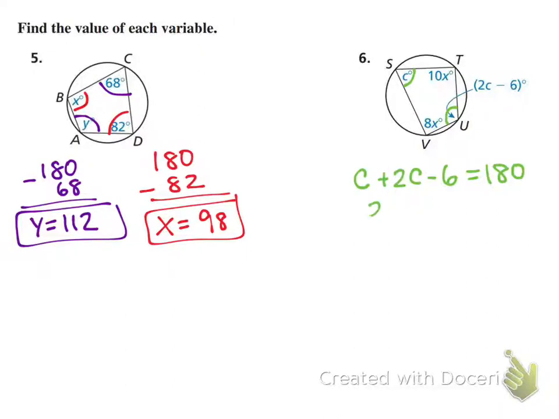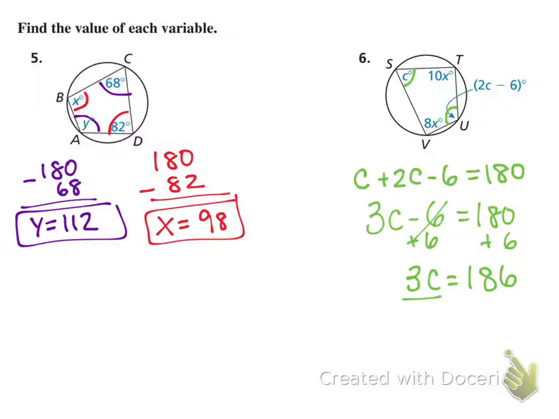C plus 2C is 3C minus 6 equals 180. Add 6. 3C equals 186. Perfect. Divide by 3, and C is 62.